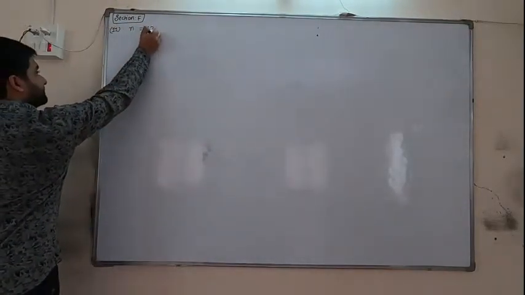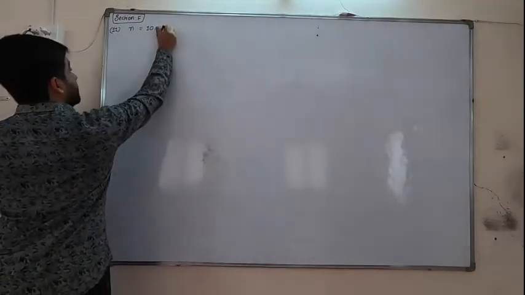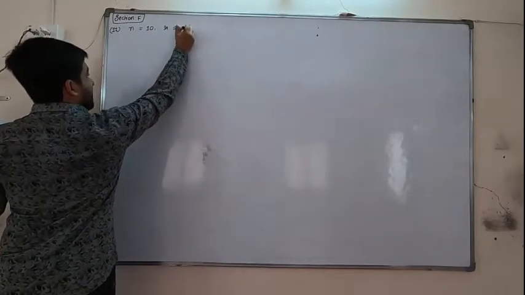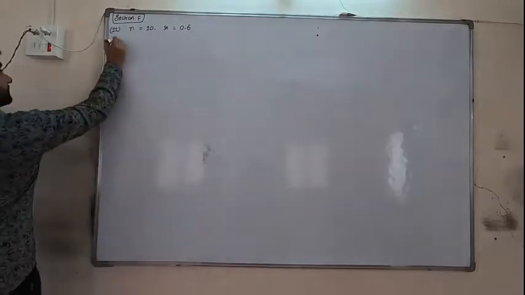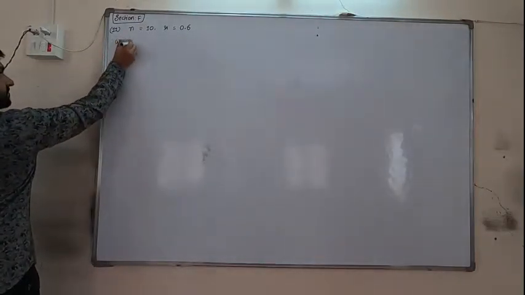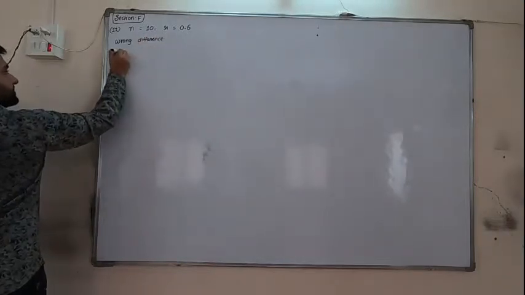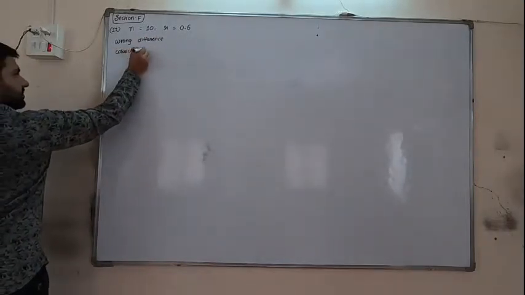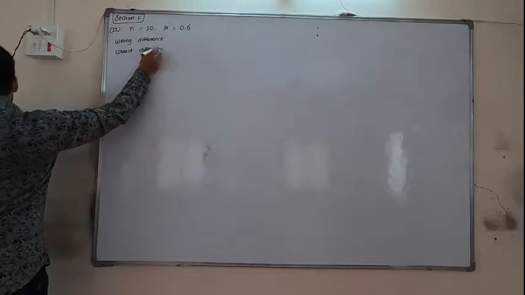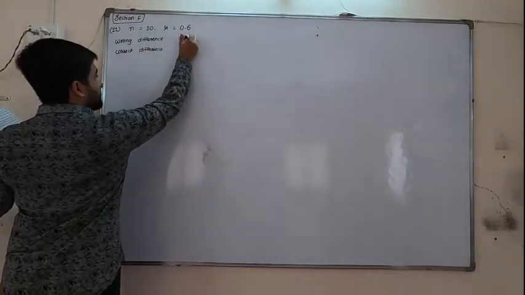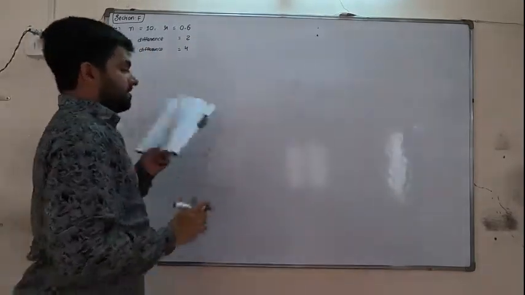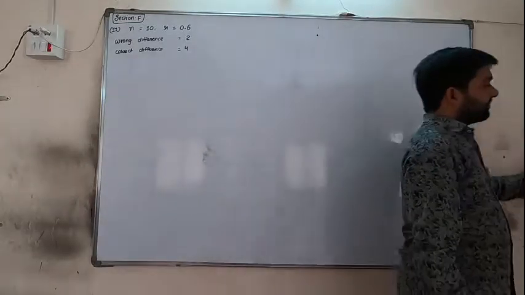N is 10. Rank correlation coefficient R is 0.6. Wrong difference, correct difference. So wrong is 2 and correct is 4. So friends, how to solve this sum?